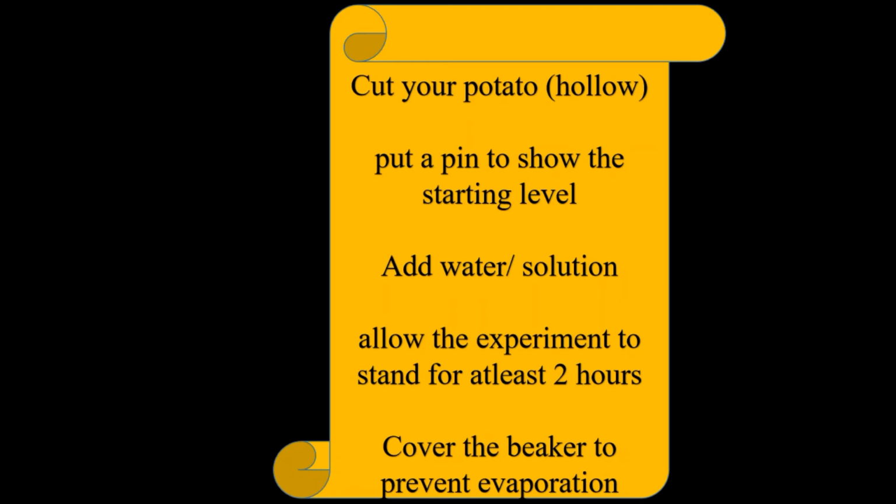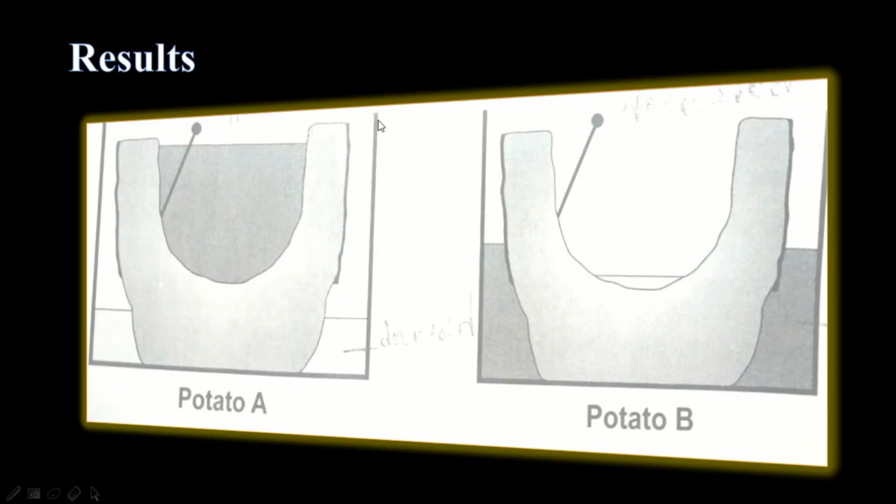All right, so going to our results, let's quickly look at what is happening in potato A, and then we go back to our experiment. In potato A, this is where our pin is, and we can see that our water level actually increased.